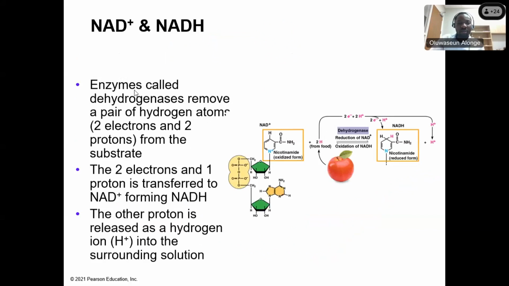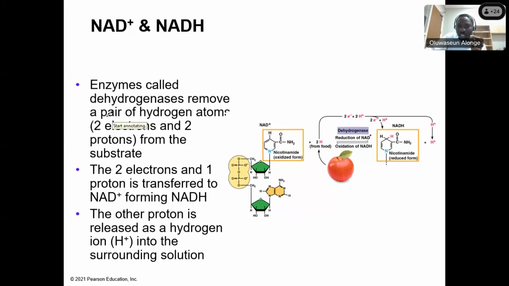All right. So NAD plus and NADH, just to show you the cycle again. An enzyme called dehydrogenase removes a pair of hydrogen atoms, 2 electrons and 2 protons. Does that make sense now? 2 electrons and 2 protons simply means you are going to have this. Now, look at this.